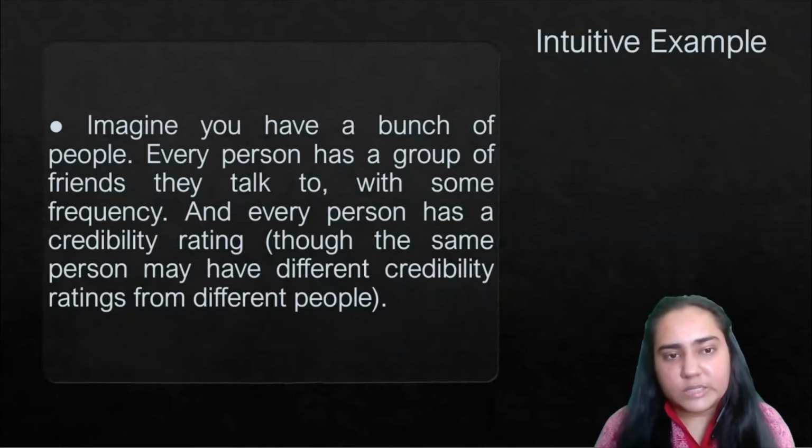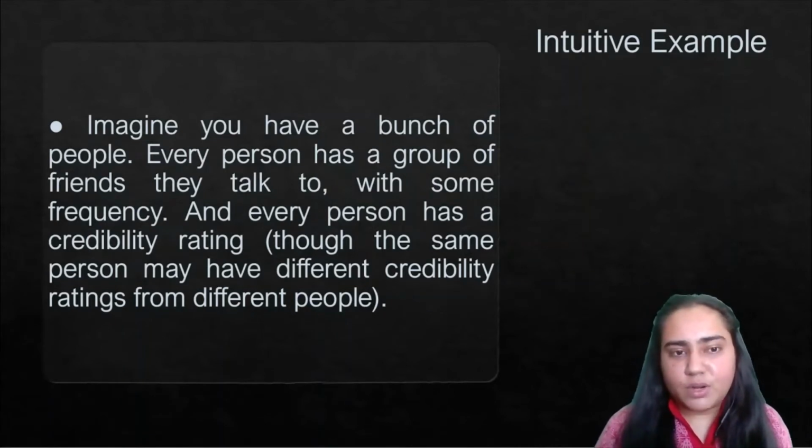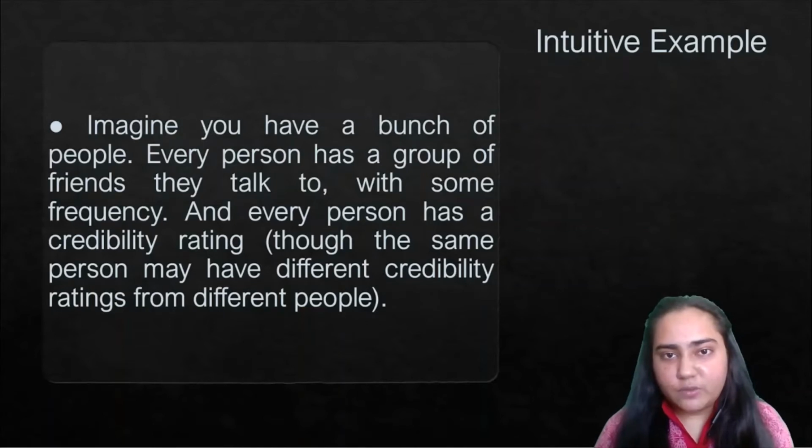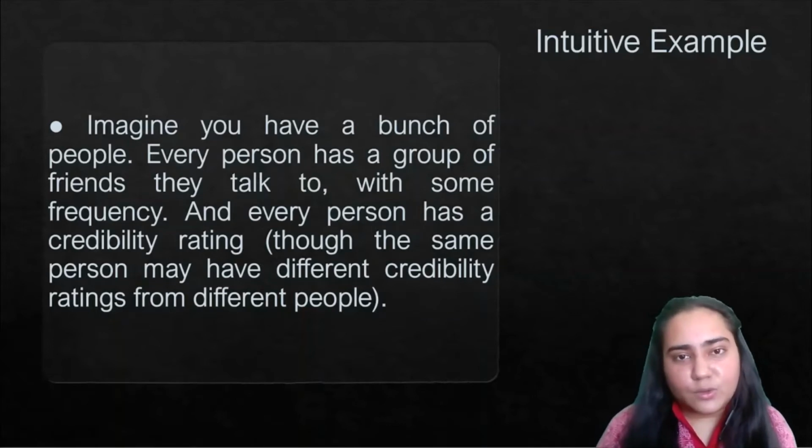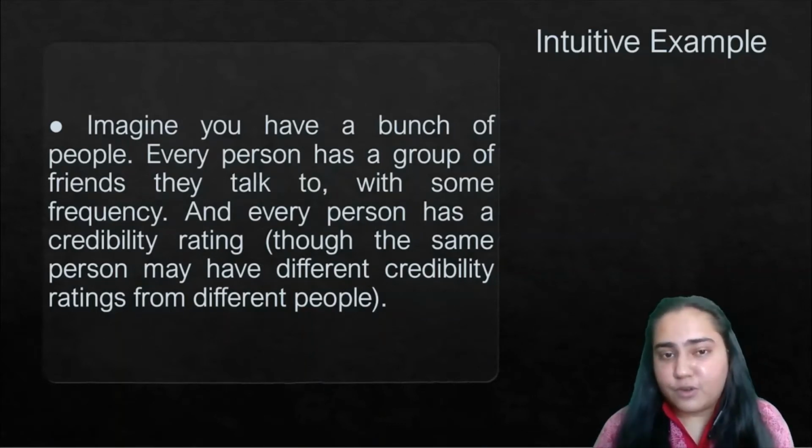Even though I'm talking to 5 or 7 people, I'm going to give a credibility rating to each of them differently, because out of those 5 or 7 people, there might be one or two that I'm really close to, or that I'm best friends with.